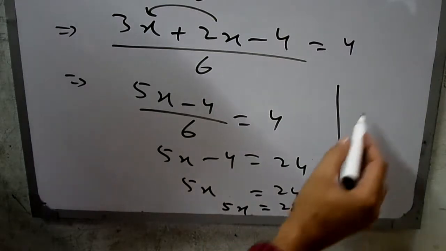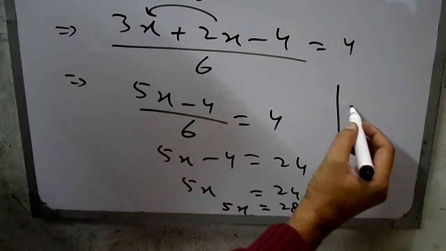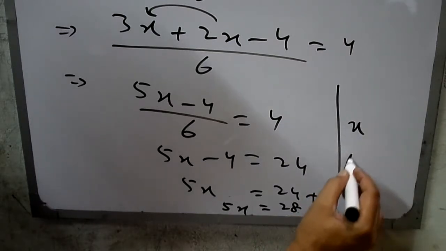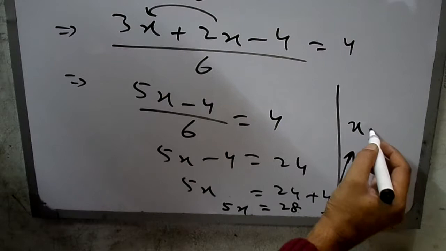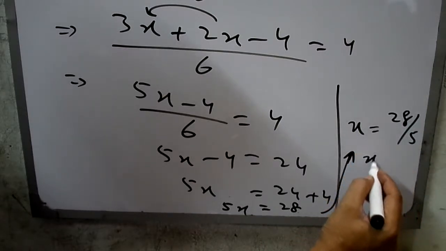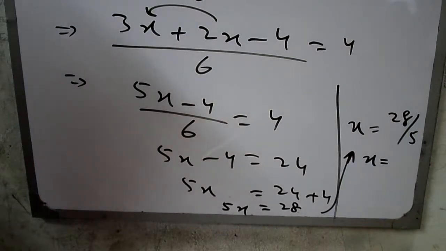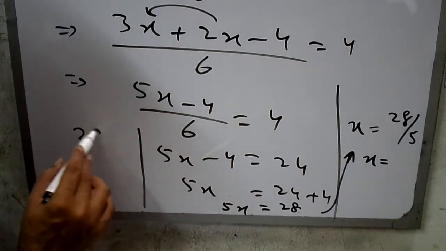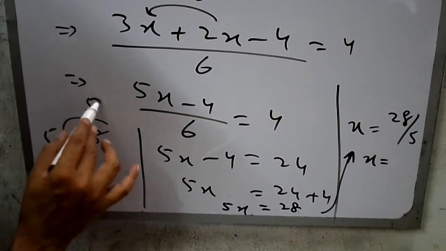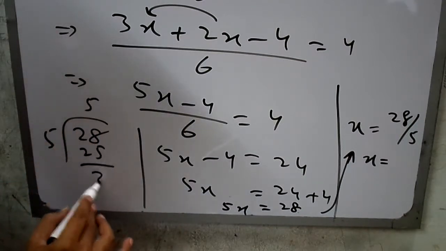5x is equal to 28, but you need the value of x, so it means the value of x is 28 divided by 5. So the value of x is 28 divided by 5, 5 5s are 25, so you will get 3.